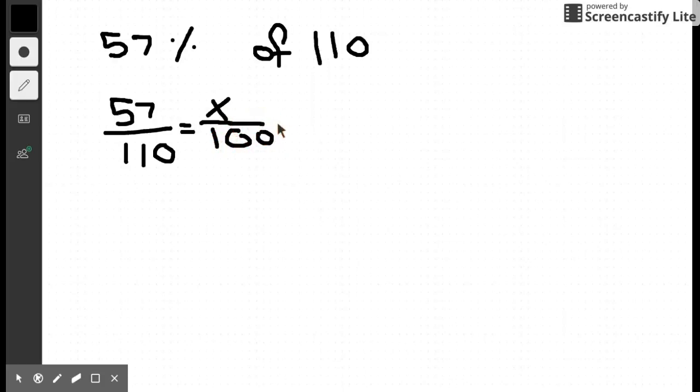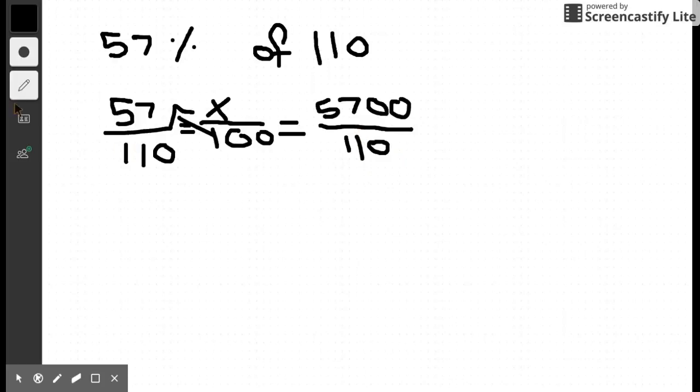Now you can just simply cross multiply. 57 times 100. You will get 5,700 over 110 times x, which is 110x.